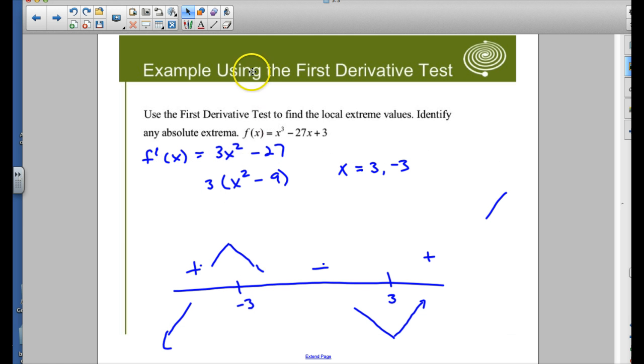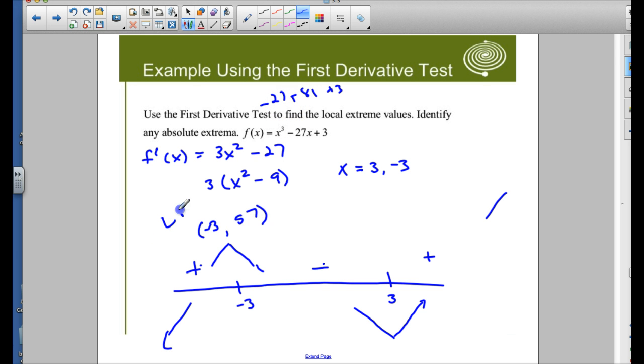So now I would write it out at x equals negative 3. If I plug it back into my original equation, it would be negative 27 minus 81 plus 81 plus 3. So it would be what? 54 plus 3 is 57.